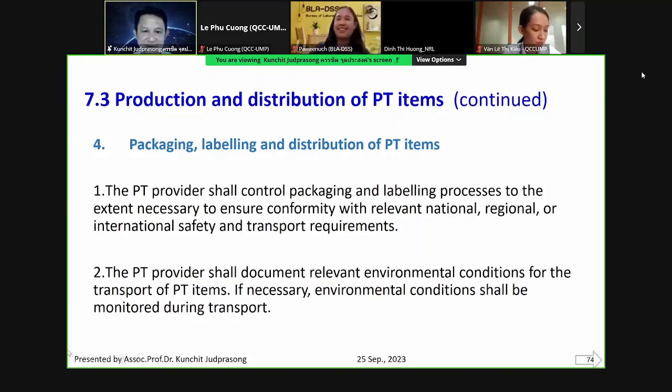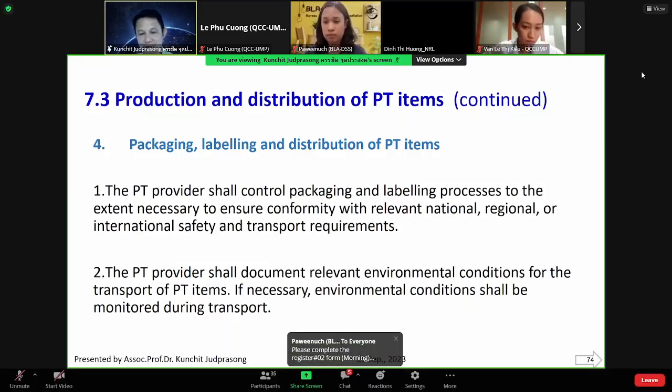But in general, you can say that we use routine room temperature for sending the sample, and then you check that the transport stability is enough.